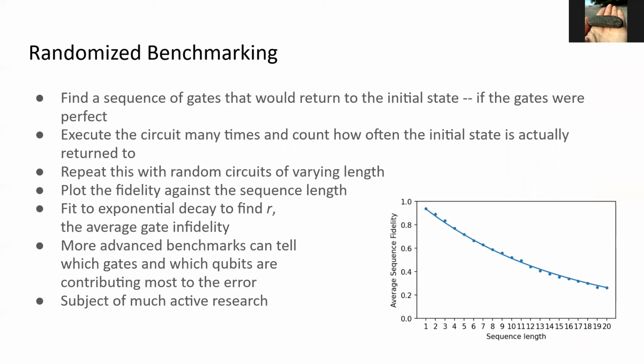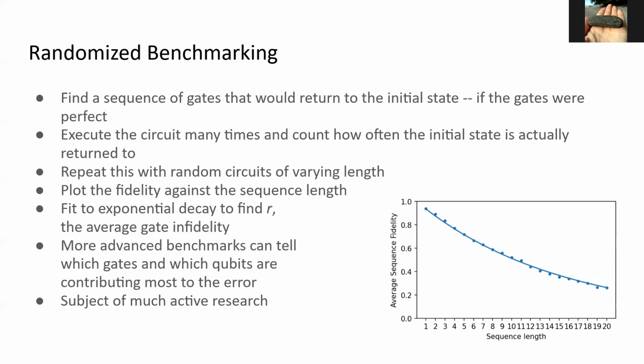With this, we're looking for a sequence of gates, a quantum circuit, that will always return back to the initial state, if the gates were perfect. If the gates are not perfect, then it will end up in some other state. So all we need to do is execute that circuit a bunch of times and count how often we get the initial state and how often we get something else.